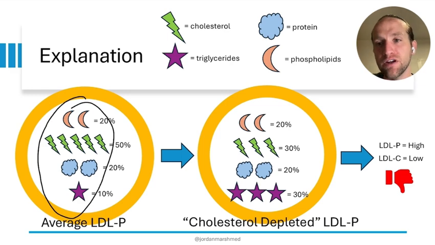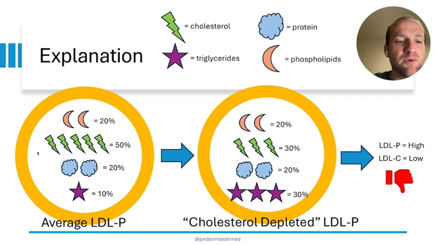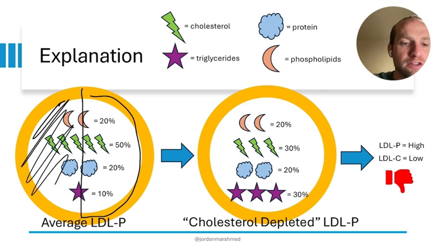Another helpful thing to think about, let me just erase this. There may be other reasons why someone may have high LDL particles but low cholesterol. One of them is simply this. What if you just took this and cut it down the middle?